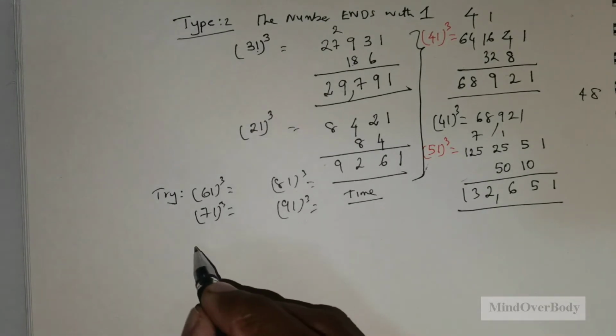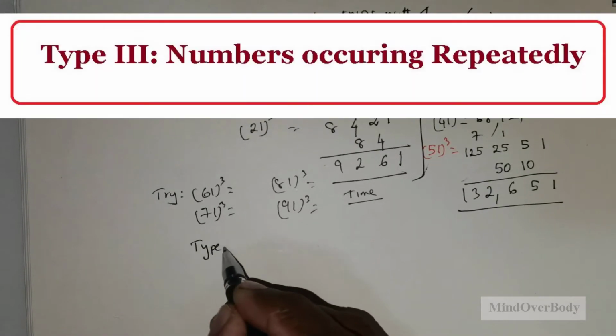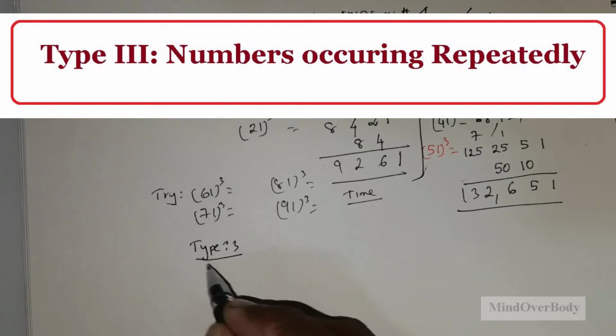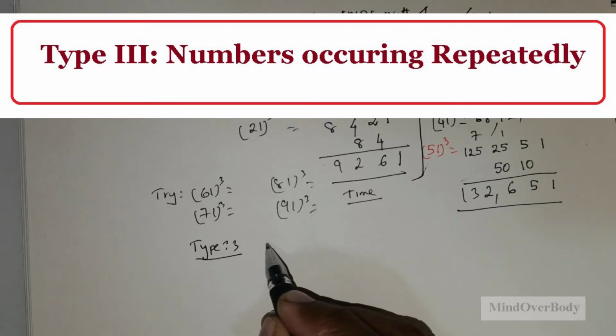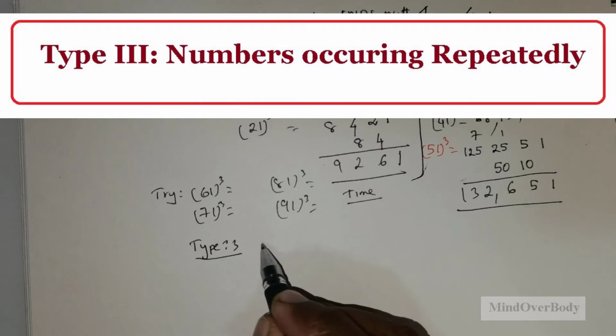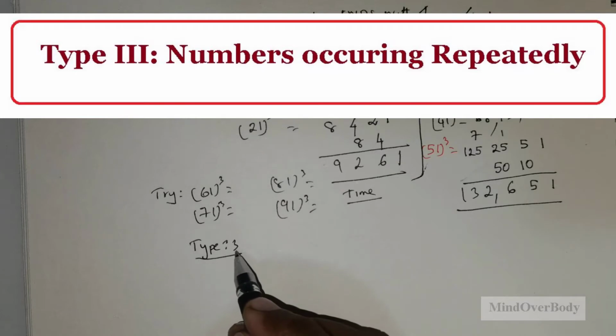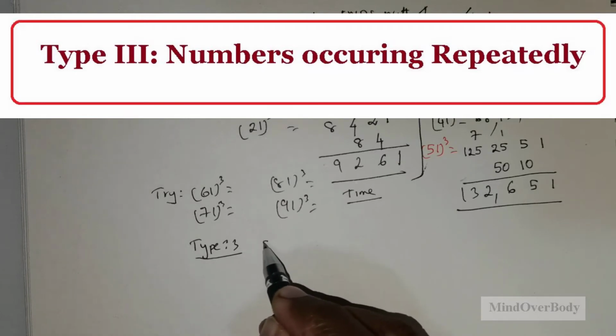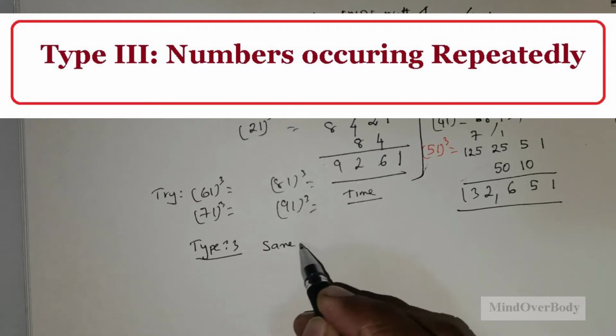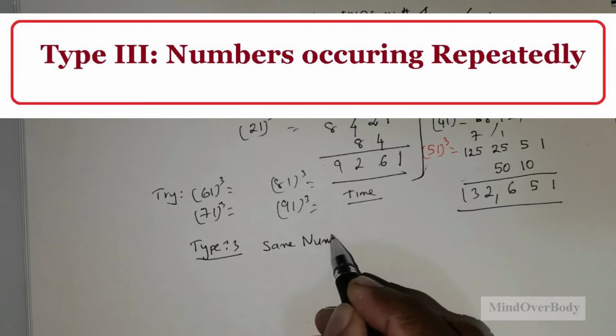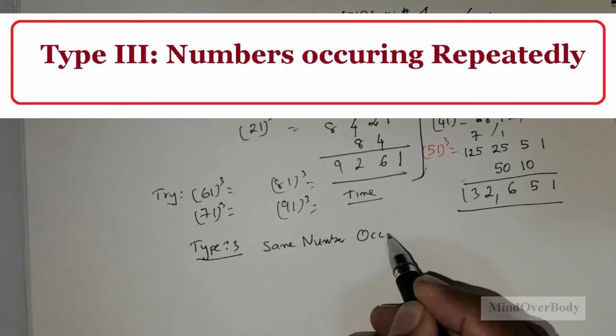Students, we are now going to see the type 3 types of numbers. Now in the first type, the number 1 was occurring as the first digit. In the second type, the number 1 was occurring as the last digit. Now in type 3, we got the same number occurring twice.